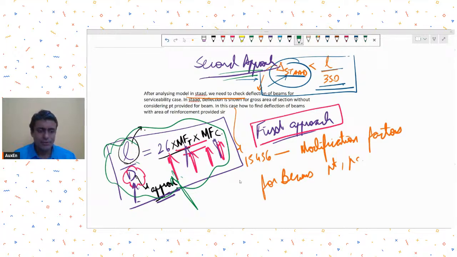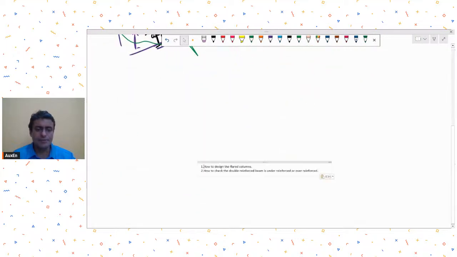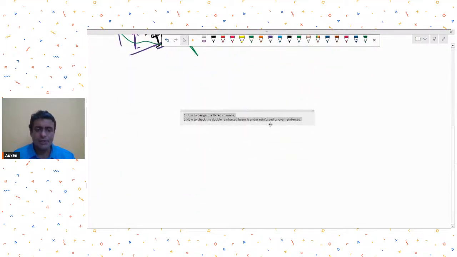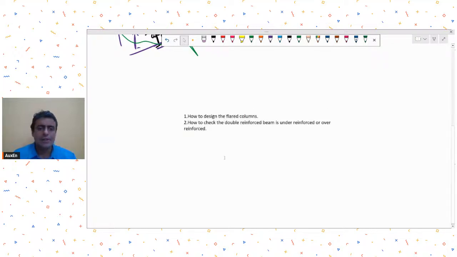Now we go to a question that has been asked by engineer Harish from Udupi. He is a working professional and he is asking how to design flared columns. Flared columns, we had discussed this in the last session itself, just last week in the same Ask AuxEn Anything series.